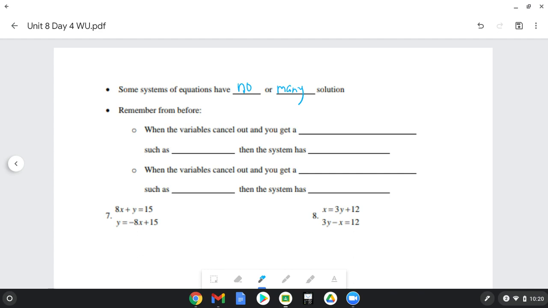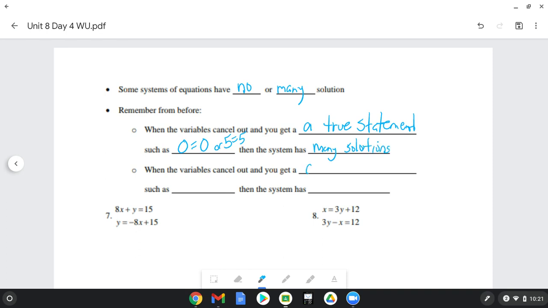So it says, remember from before, and that would be like a few, maybe like 4 or 5 units ago, when the variables all canceled out and you get a true statement such as 0 equals 0 or 5 equals 5, then the system has many solutions. So if the two things that are left make sense, then that's always many.